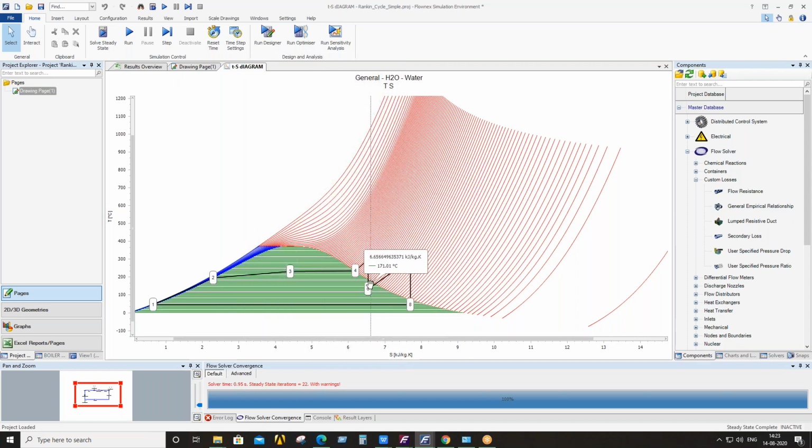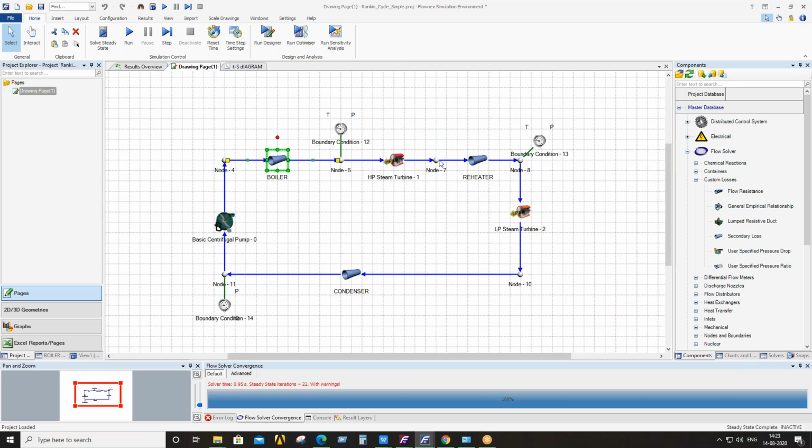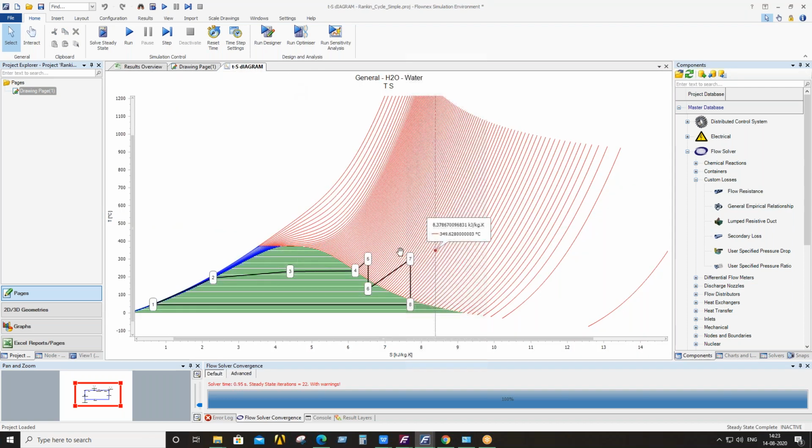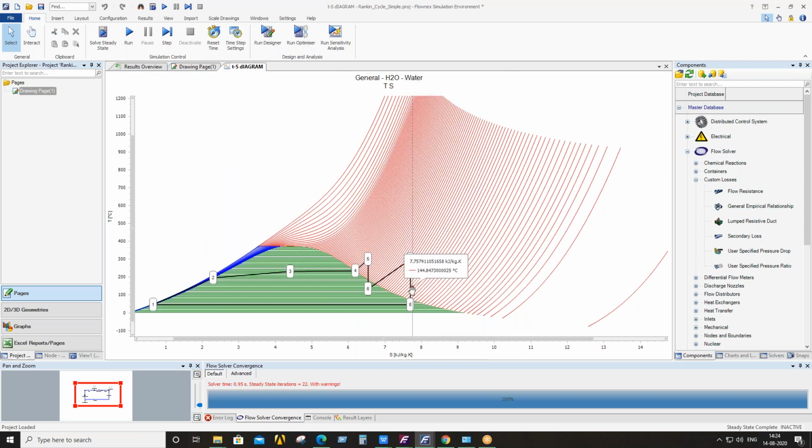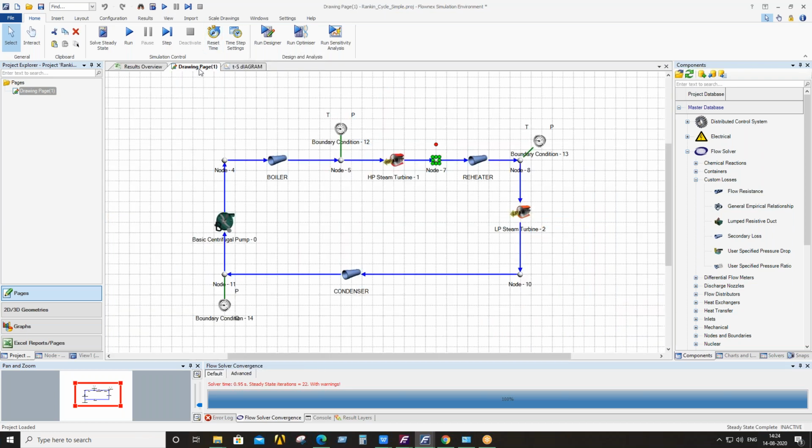This line is the expansion line from the turbine, which is isentropic expansion from this point to this point, and then it again gains heat from the reheater, and from point 6 to 7 it gains heat, and from point 7 it expands in the LP turbines to the condenser pressure. Here you can see the expansion line from the LP turbines, and this is the entry point for the condenser, and from the condenser at constant pressure the heat is rejected and it again goes to the inlet of the pump. So that is the simple Rankine cycle.